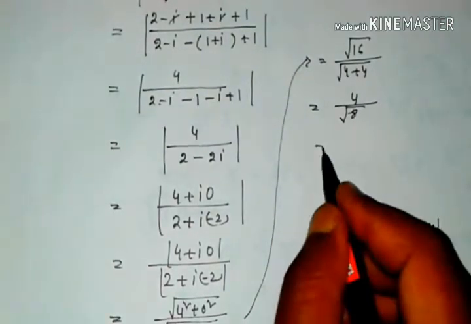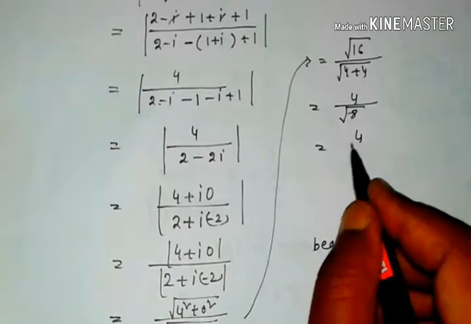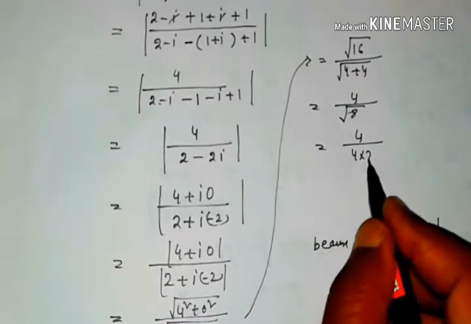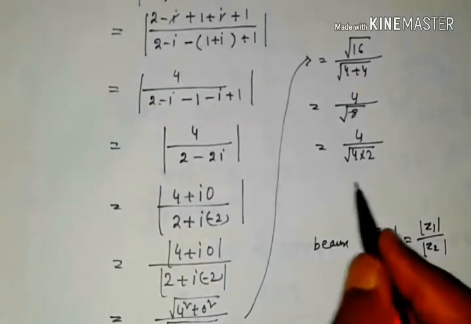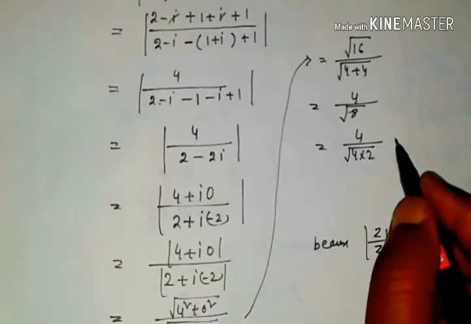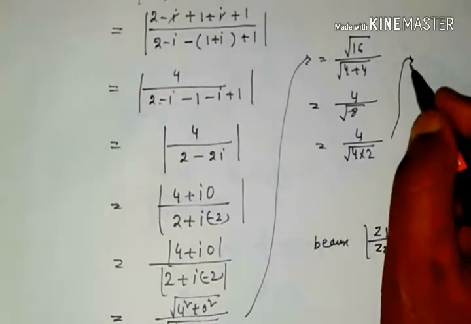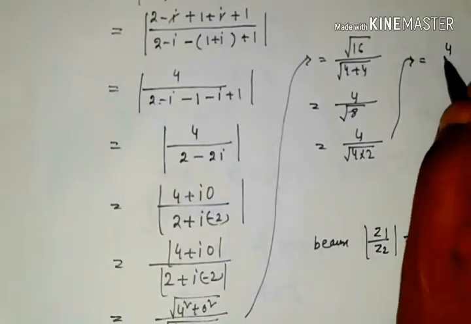Root 4 we can write as 4 into 2, therefore this can be also written as 4 by 2 root 2.